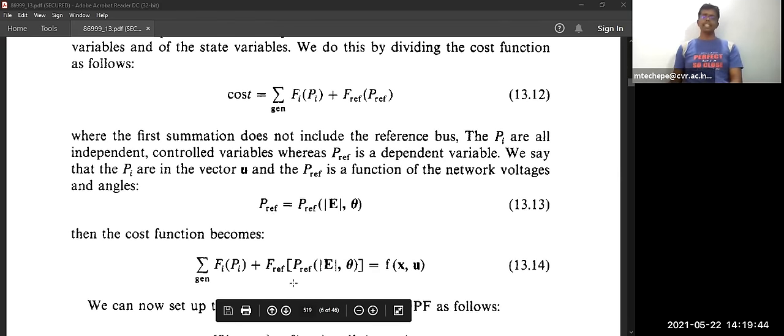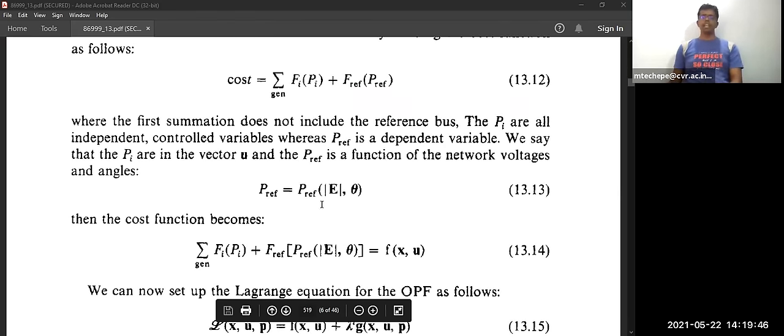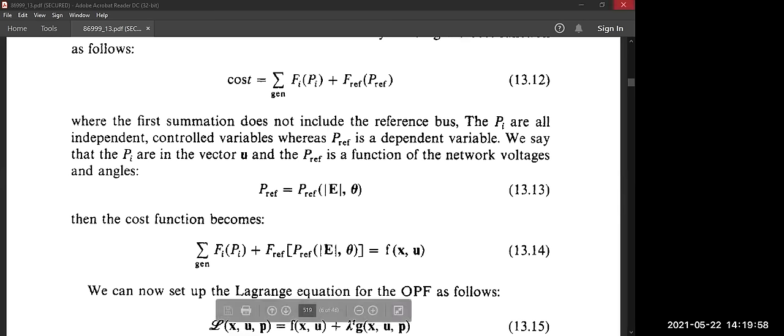Next, we need to substitute P reference, so the cost function becomes Fi of Pi plus F reference of P reference of E comma theta, that is nothing but f of x comma u.